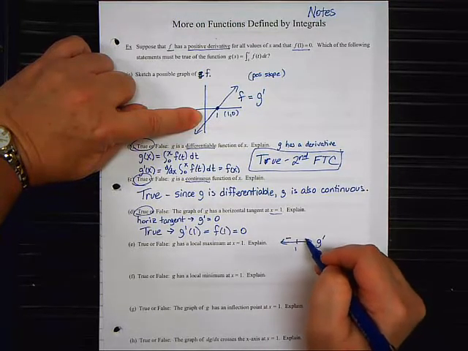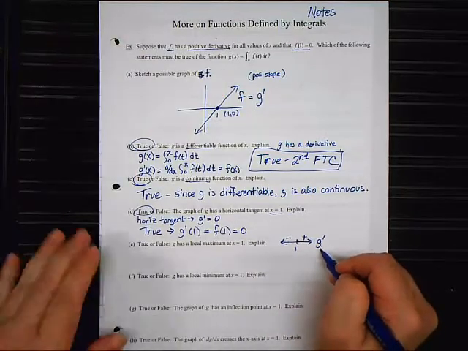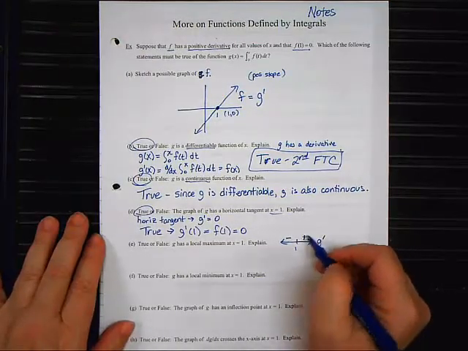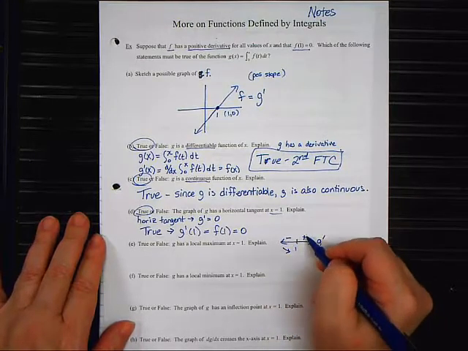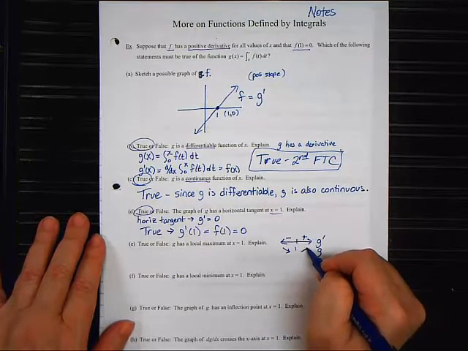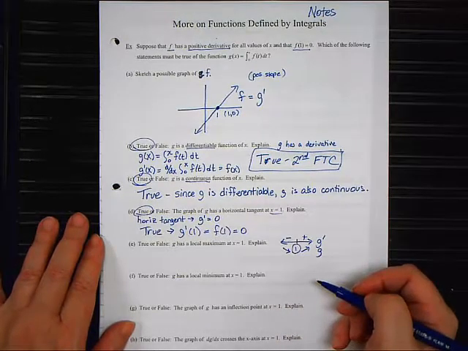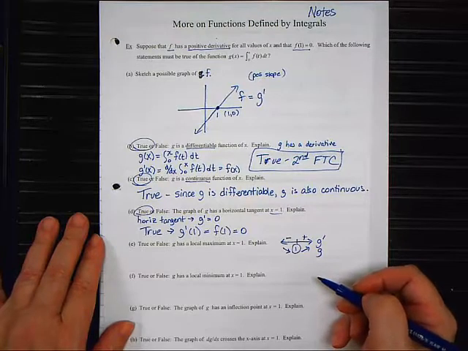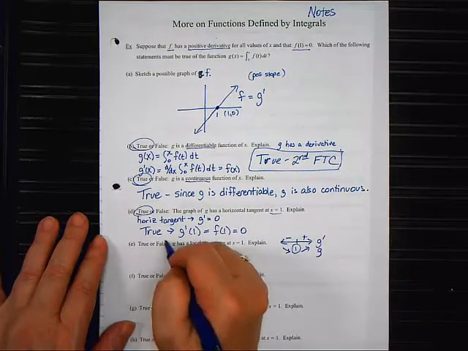To the right of 1, the graph is above the x-axis. So then you think, what does G do? Well, if G prime is negative, that means G is decreasing. When G prime is positive, that means that G is increasing. So what does that make 1? Hopefully you see that that makes 1 a minimum, not a maximum. So this one is false.